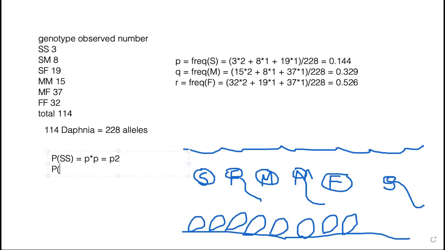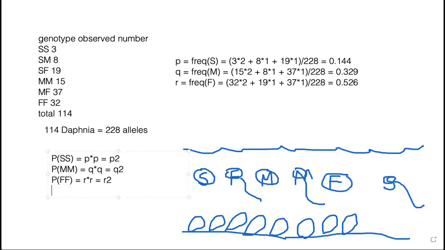The probability of picking out an egg that's M and a sperm that's M is going to be Q, the probability of picking an M egg, times Q, the probability of picking out an M sperm, which is Q squared. And then the probability of picking out an egg that's F and a sperm that's F is the probability of picking out an egg with F, which is R, times the probability of picking out a sperm that's F, which is also R, which is just equal to R squared.